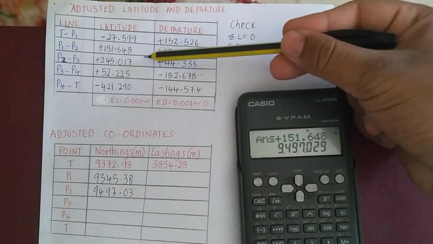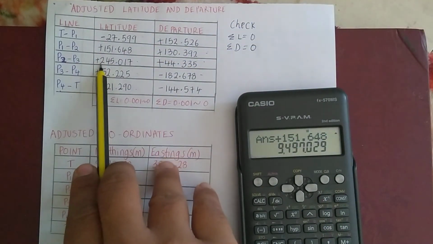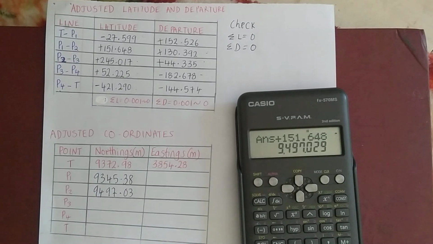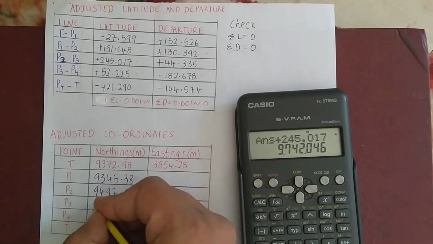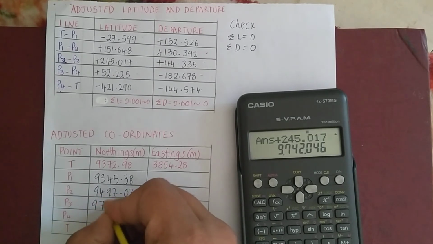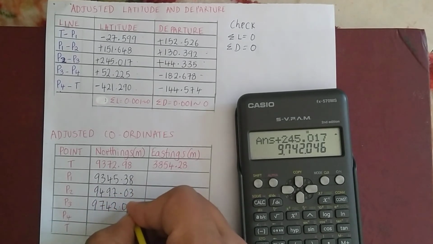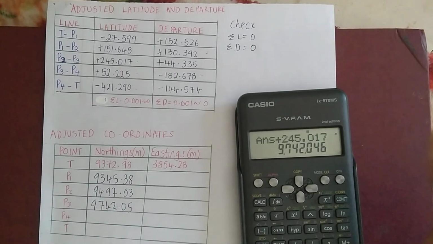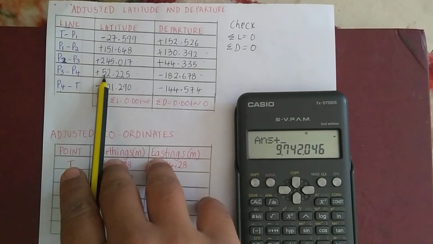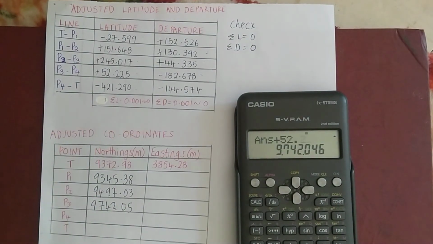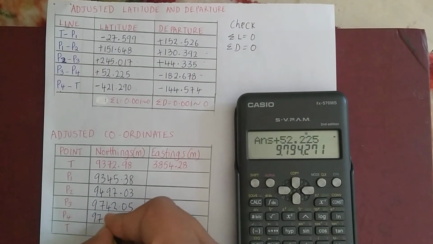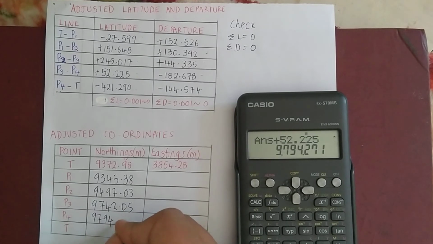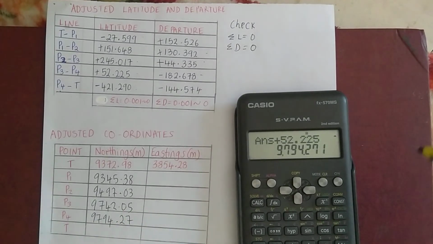Then for P3, I'll add 245.017. So answer plus 245.017. I'm getting it as 9742.05. Then the next one, I'll add this one, 52.225. So I'm getting 94.27.